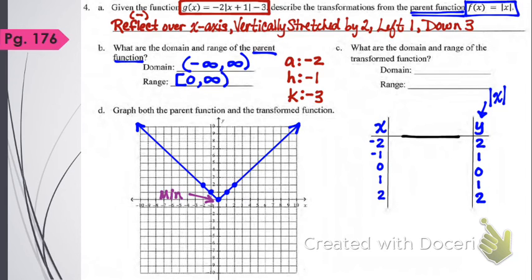Which of those pieces affect things in the x direction along the x-axis? H. We said we're going to the left 3, to the left 1, my apologies.